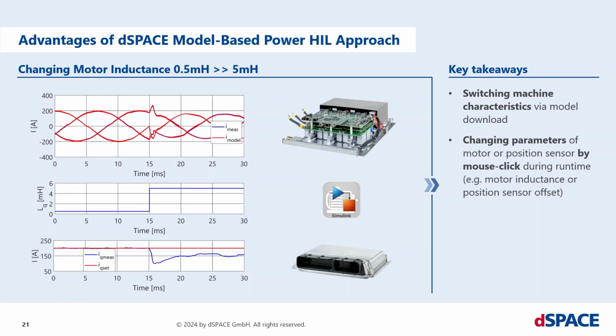You see at the point where the motor inductance changes, we leave our sinusoidal waveform, and after some seconds or some milliseconds, our controller is able to control the sinusoidal waveform again. But now we know if there come some changes, for example, due to some failures, my traction inverter, or my inverter in general, is able to control these failures.